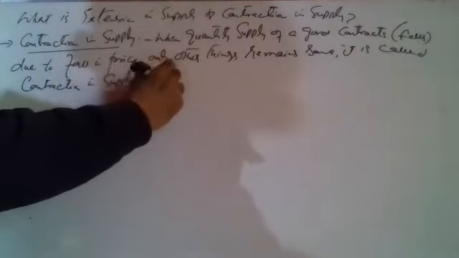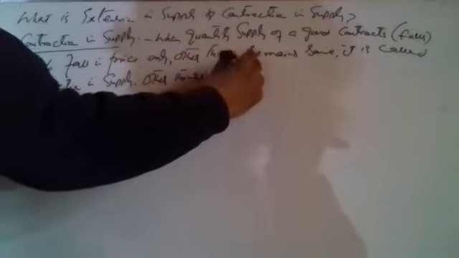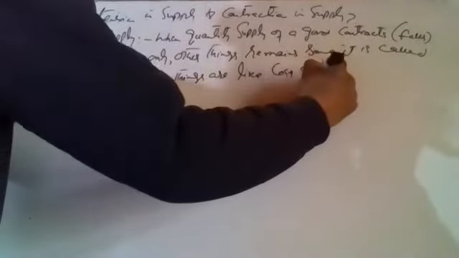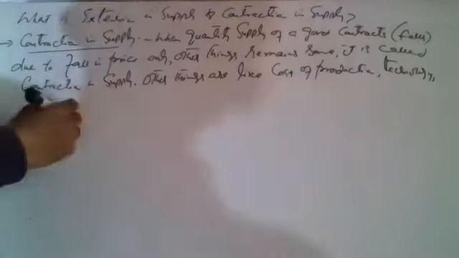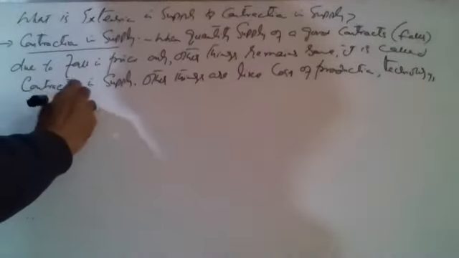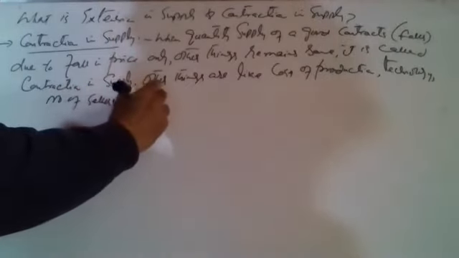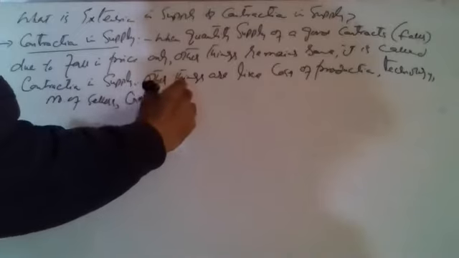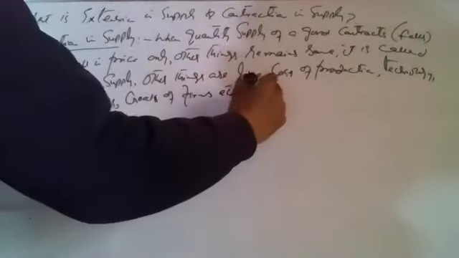Other things are like cost of production, technology. We have so many factors other than price, number of sellers, goals of firms, etc. remain the same.